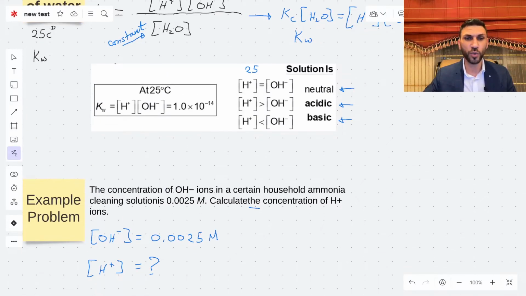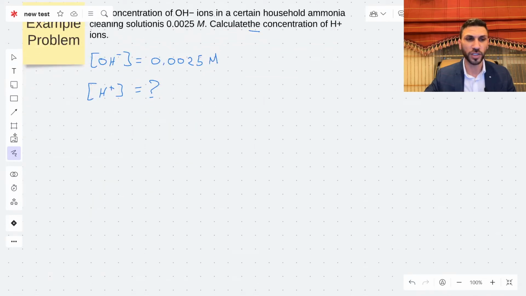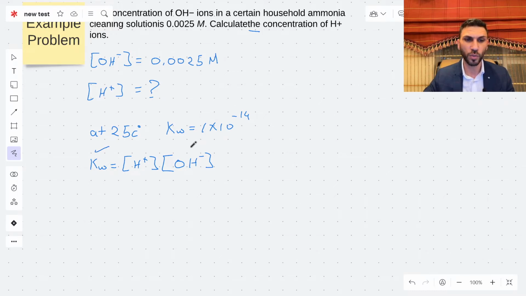If we apply this equation at 25 Celsius, we need to mention that at 25 Celsius, the Kw equals 1 times 10 to the power of negative 14. And we know that the Kw equals the concentration of H positive multiplied by the concentration of OH negative. Now, in this equation, we have Kw, we have OH.